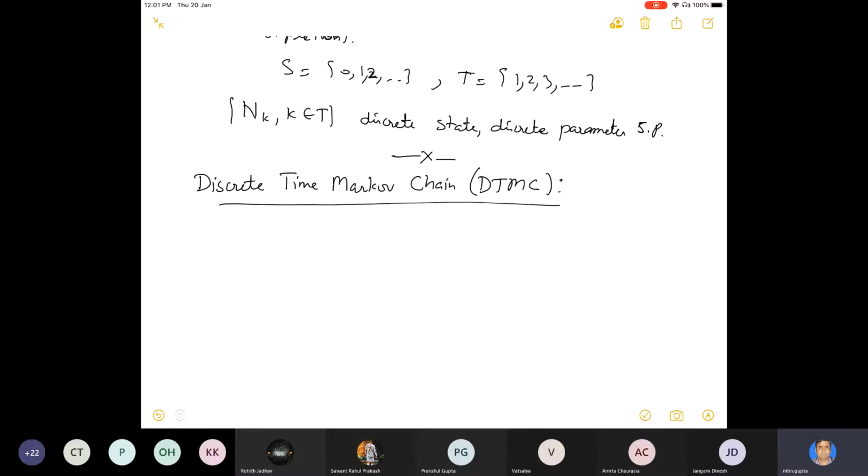So this is a discrete state space and discrete parameter or time stochastic process. This discrete time Markov chain is a stochastic process Xn, n is 0, 1, 2, and so on.